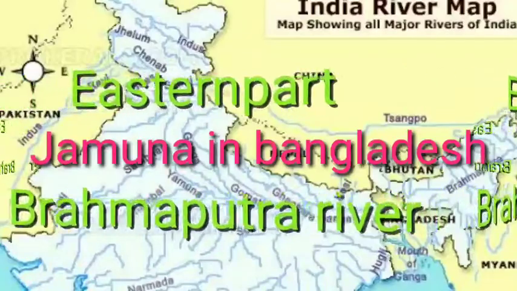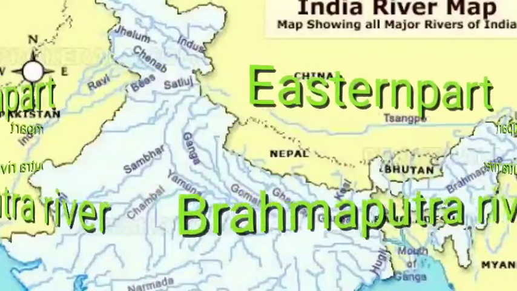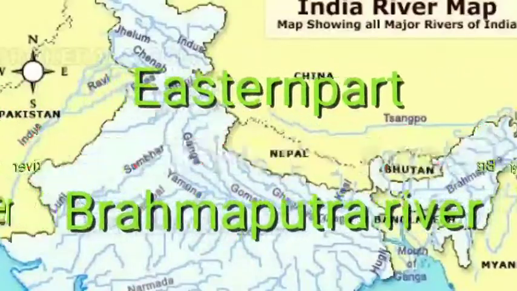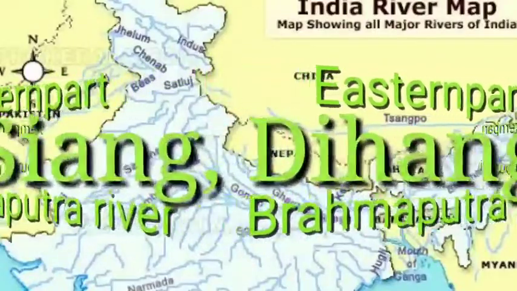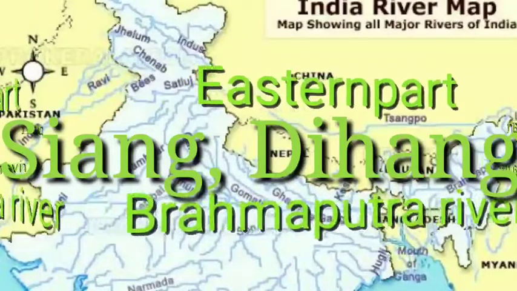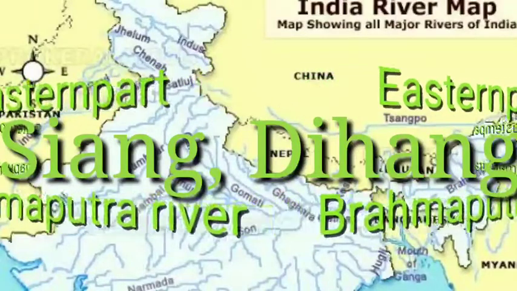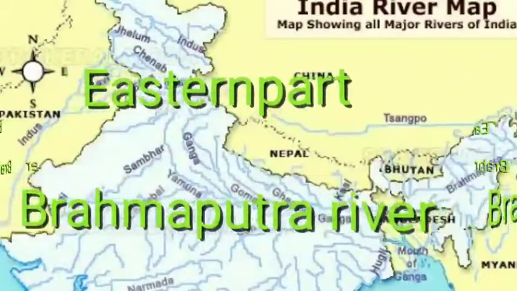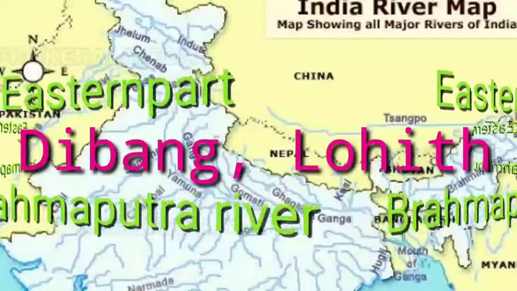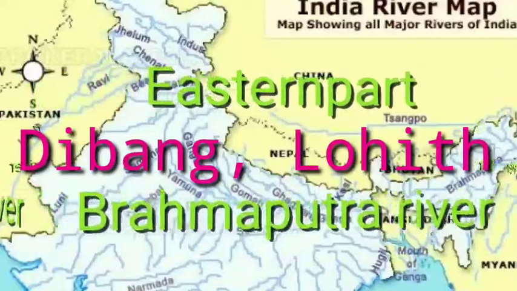It enters India in a great loop southwest through Arunachal Pradesh, first as Siang and then as Dihang. When it enters the Assam Valley, it is joined by two tributaries called Dibang and the Lohit. From here, the river is known as Brahmaputra.